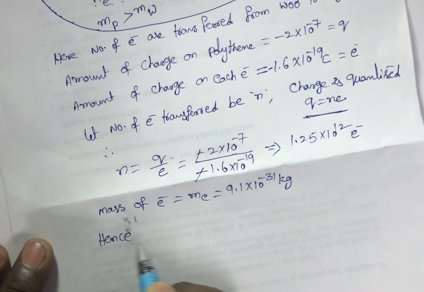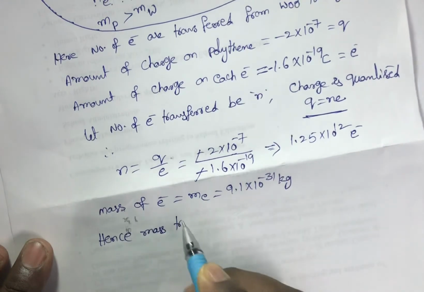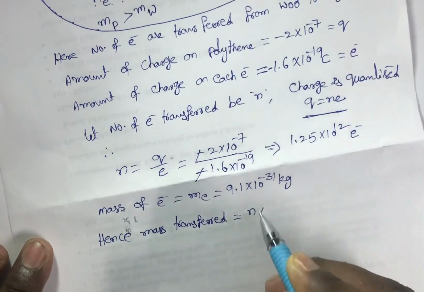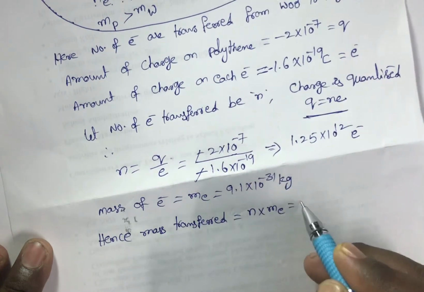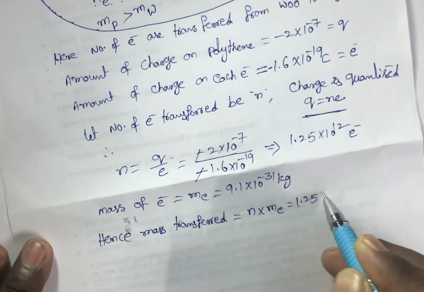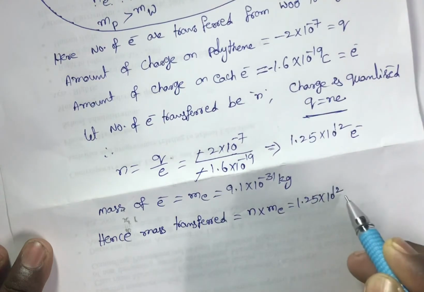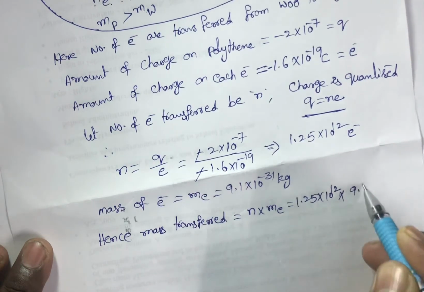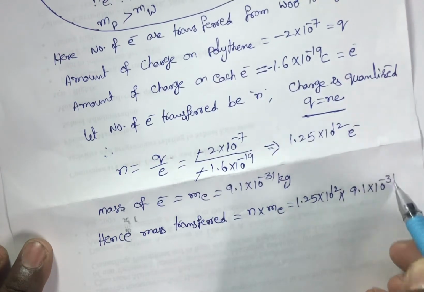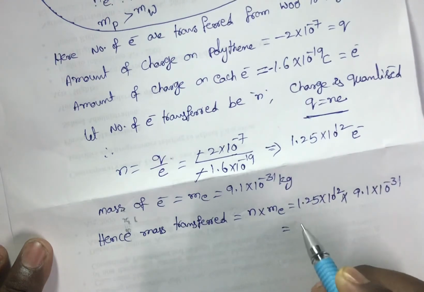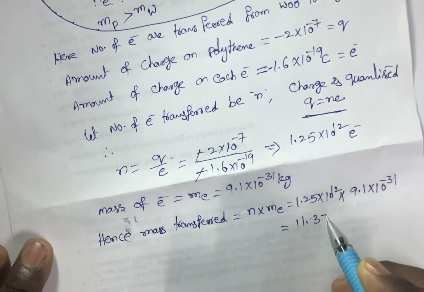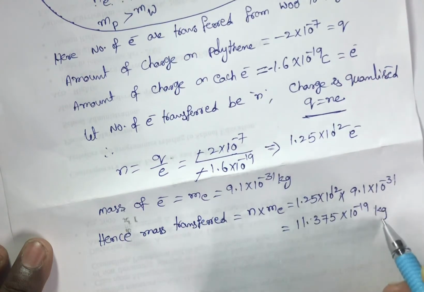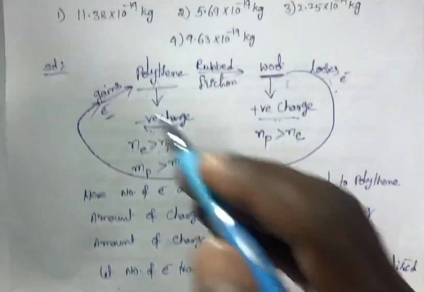Hence, mass transferred is n into m_e, that is 1.25 into 10 to the power of 12 into 9.1 into 10 to the power of minus 31. After solving this, we get 11.375 into 10 to the power of minus 19 kg. Your answer is the first option.